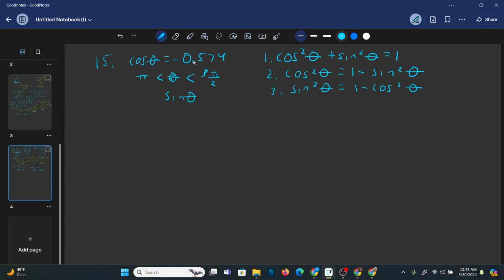So we want sine, I mean the sine theta. So we just use this formula because we want sine theta. Sine squared theta equals 1 minus cos squared theta.